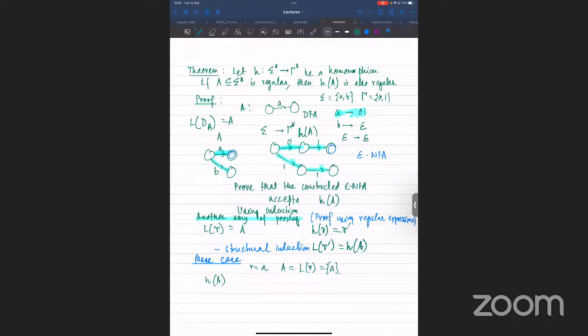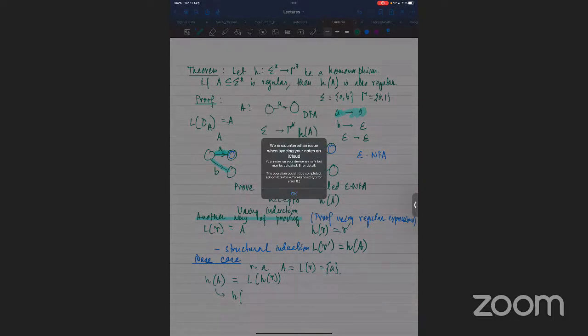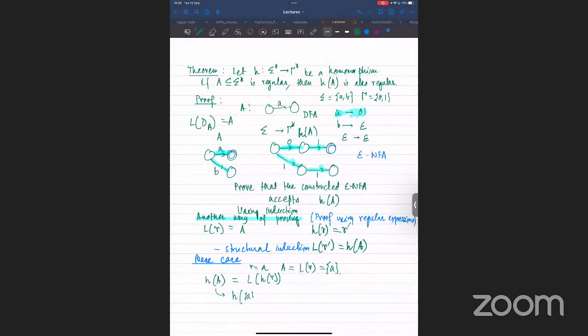So what are we trying to prove? We are trying to prove that H of A is L of H of R, right? So in this case, H of A is equal to H of A, and then what?